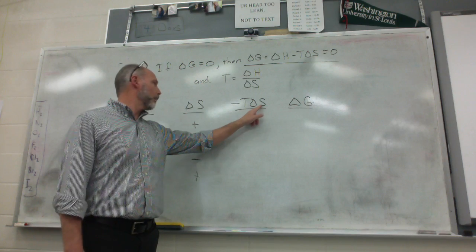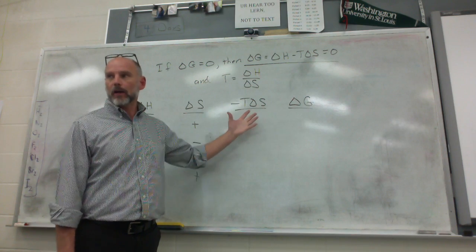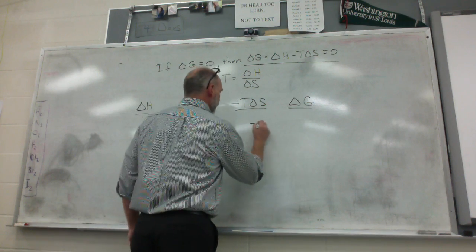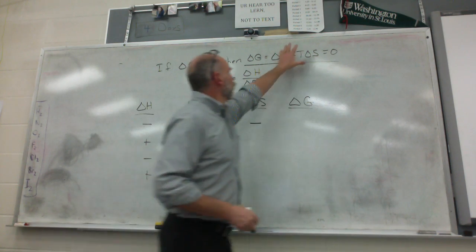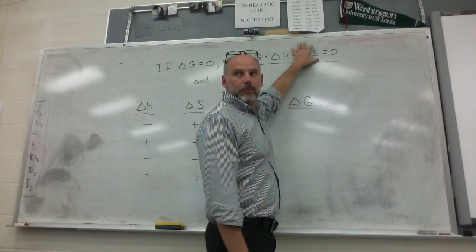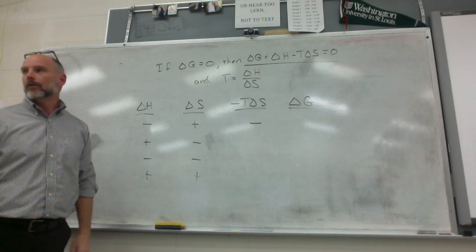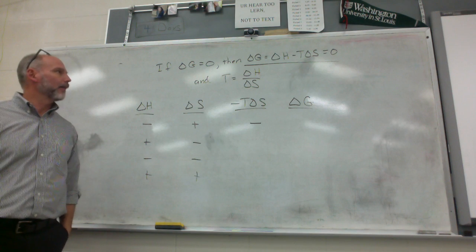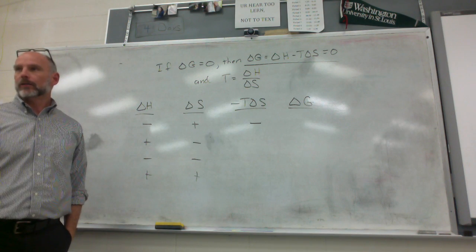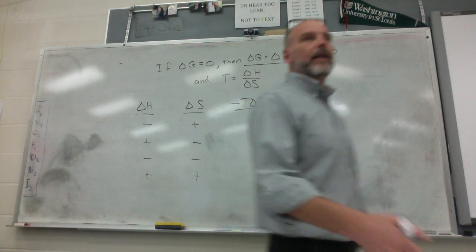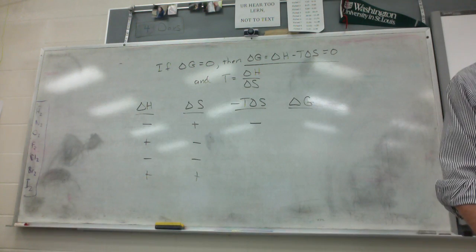So if delta S is positive, then the entire quantity is going to be negative. Now, if this quantity is negative and the delta H is negative, what influence is that going to have on our delta G? What is the only thing it can be? Negative.